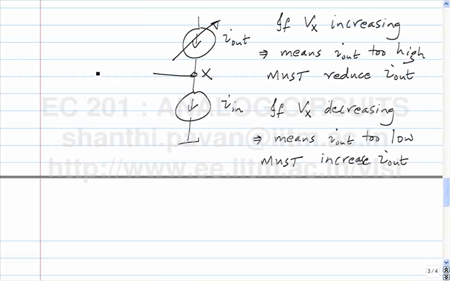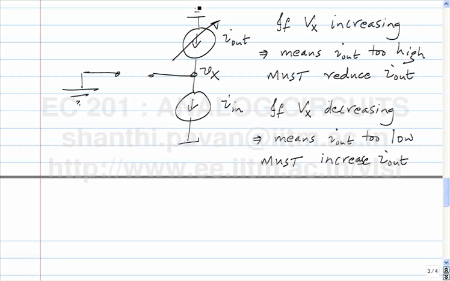I compare Vx, the incremental value of the voltage at this node Vx, to what value? To ground. And please note these are all incremental circuits. In an incremental circuit, you cannot have a DC voltage. So I compare it with ground and kick I out up if Vx is too low.